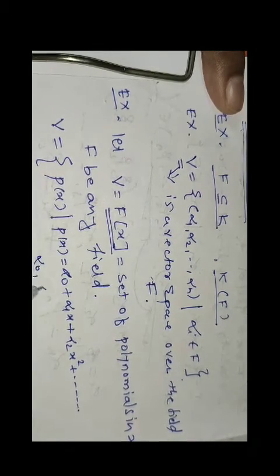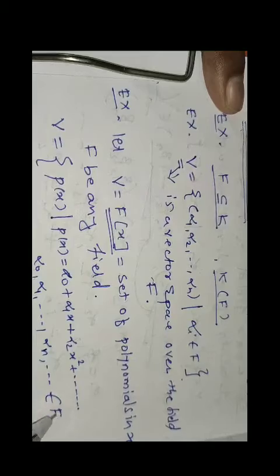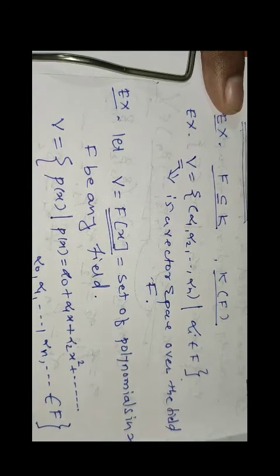Now these alpha naught, alpha 1 to alpha n and so on belong to the field F.